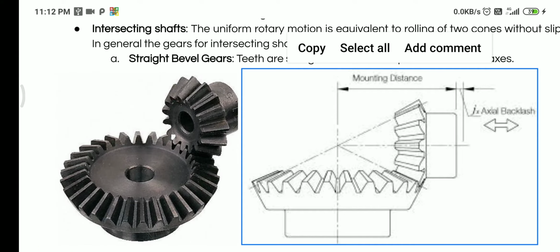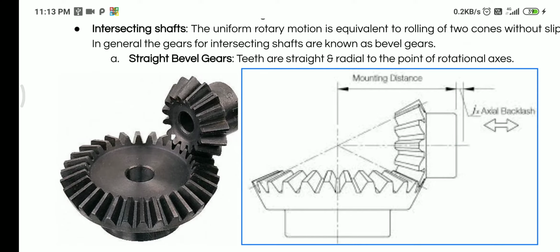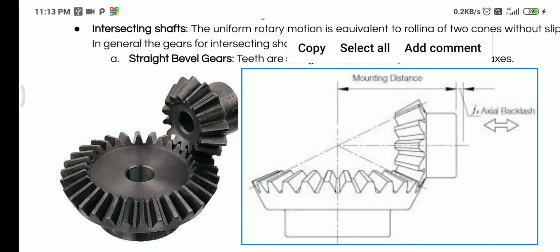These two lines form a cone that envelops one of the bevel gears, and these two lines form a cone which defines the bottom gear.